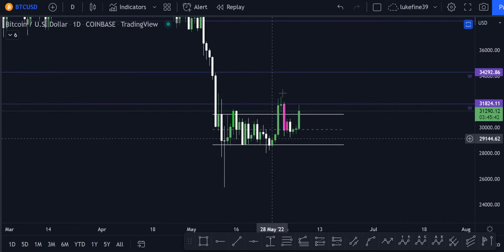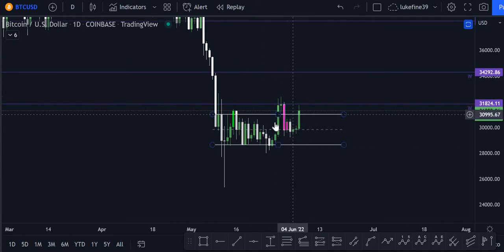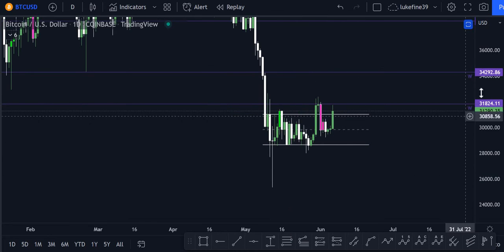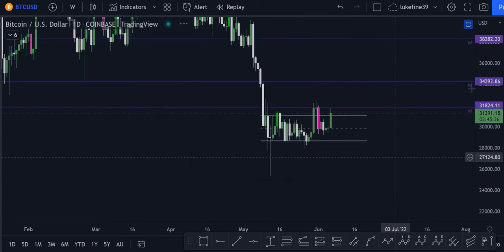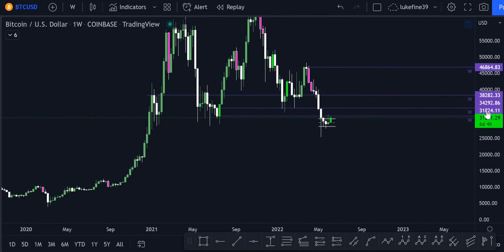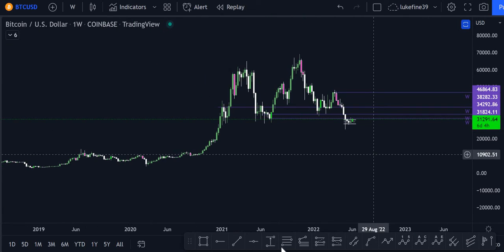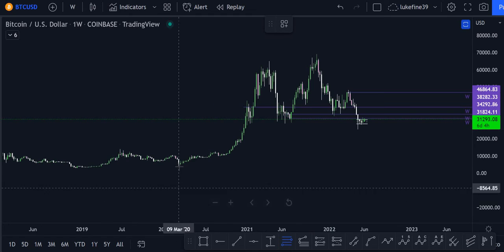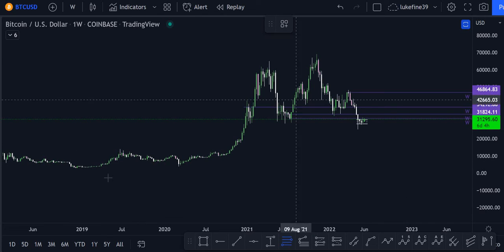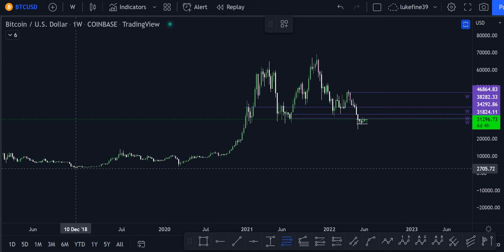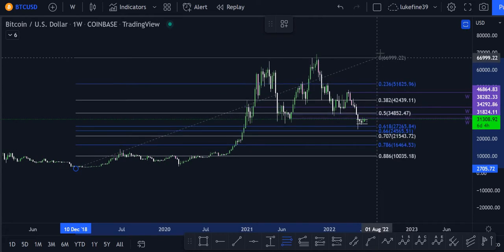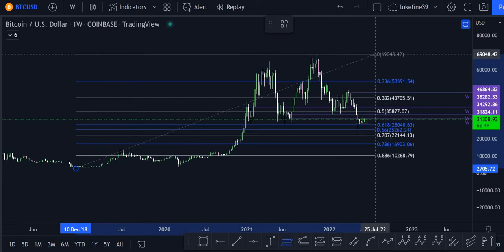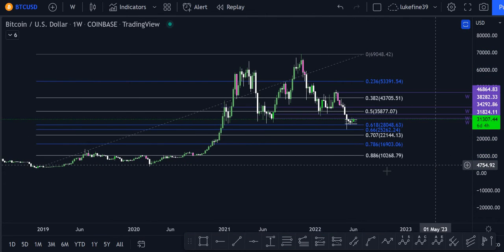I like this as a 1 2 3 4 count, but I need to go back to the weekly. I missed taking the higher time frame fibs, which were 1 2 3 4 5. So I'll take from here to there. These fibs, just so we have some areas.